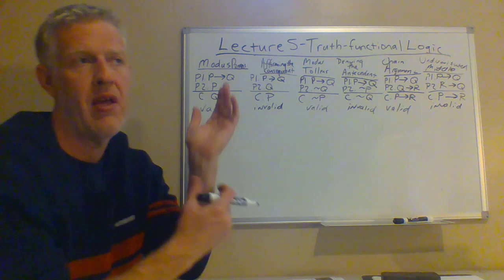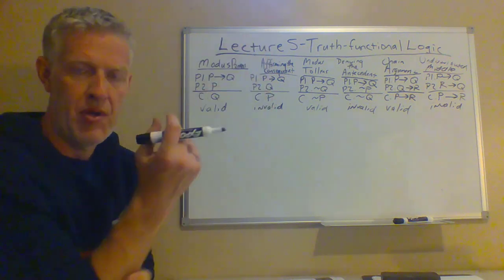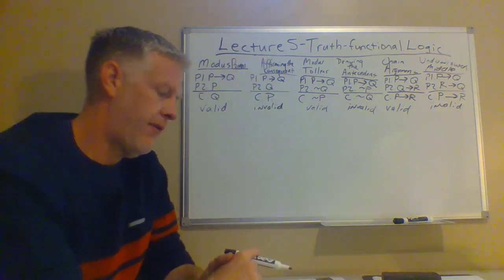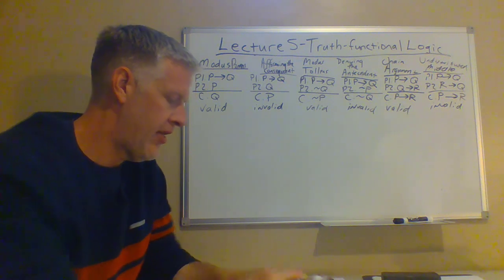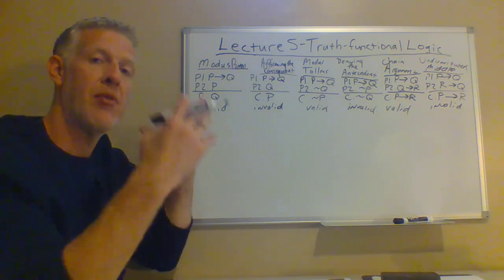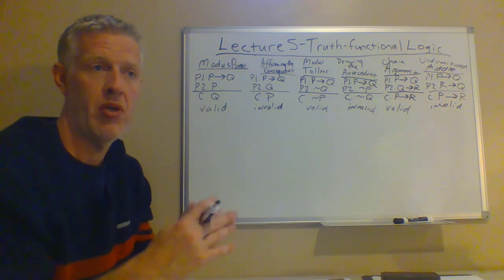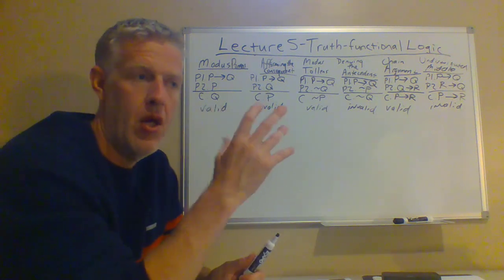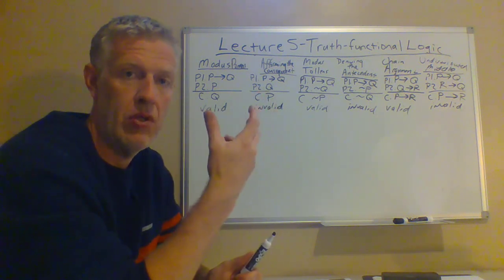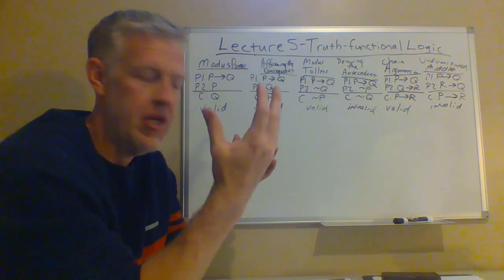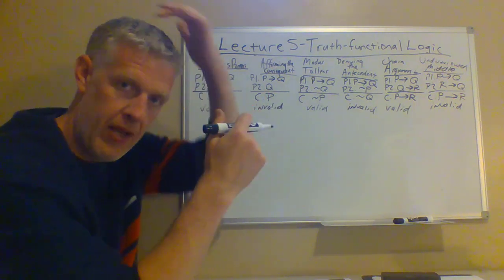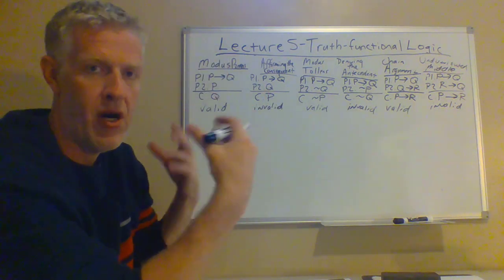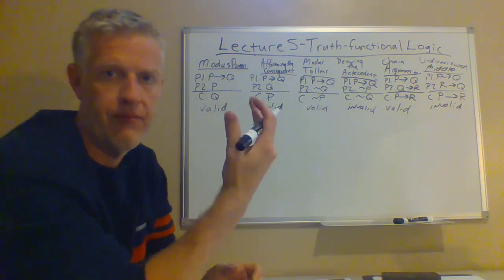There's something to be said for the short truth table method, don't get me wrong. But for rookies and people just getting into logic, I think it's important to be able to do the long truth table and to understand what we're representing with the table, and obviously then be in a position to say whether the arguments you're representing are any good or are valid.